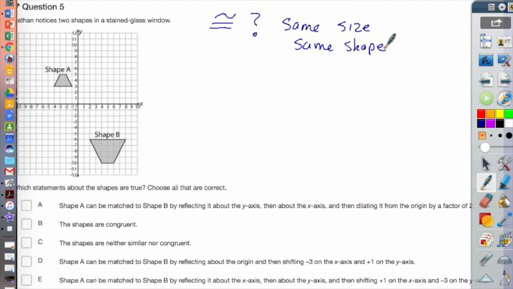Okay, well, we can look at how small shape A is. It's 1 unit here, and it is from -1 to -4 is 3 units. This shape B is 6 units. It goes from 1 or 2, I should say, all the way to 8.